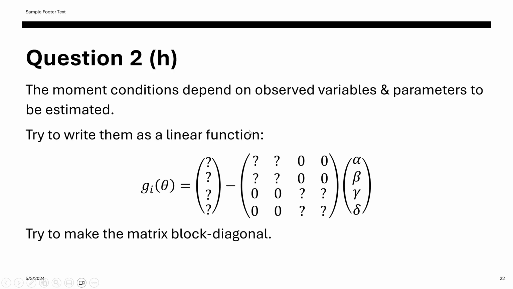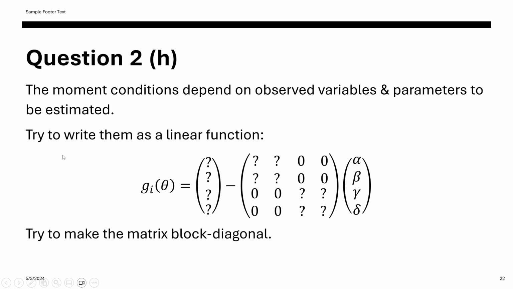Okay. And H, now you need to think about GMM. And remember, for estimation purposes, the moment conditions should depend only on observed variables and the parameters you are going to estimate. So it's a function of the parameters you are going to estimate, and everything else must be observed because you have to calculate it.